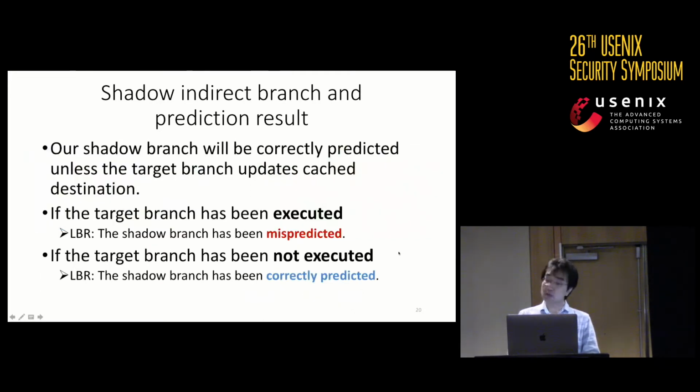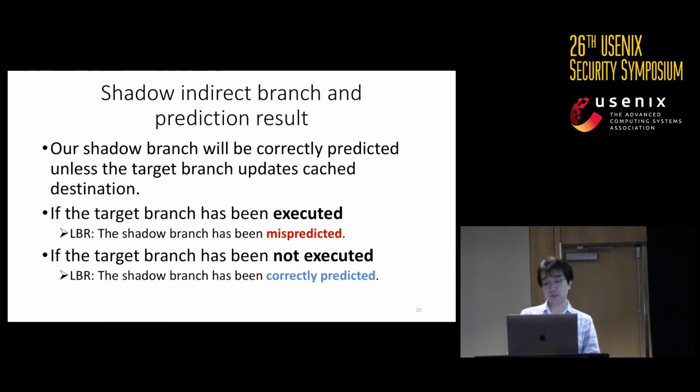Since we use the default target address, our shadow indirect branch will be correctly predicted unless the target branch's execution updates its cached destination. So if the target branch has been executed, the CPU will predict that the shadow branch will also jump into the same destination of the target branch. Actually, this is an incorrect prediction, so LBR will say that the shadow branch has been mispredicted.